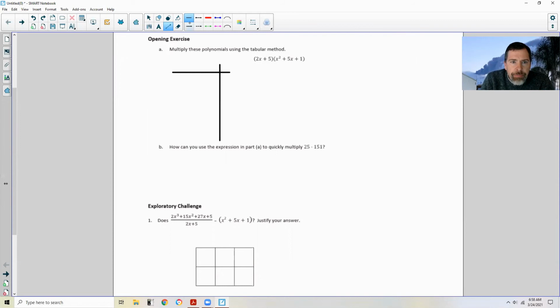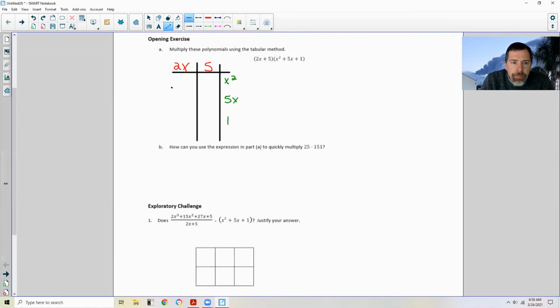There's a tabular method, 2x plus 5. And then split those up. And then down the side, we're going to write the other polynomial, x squared, 5x, and 1.